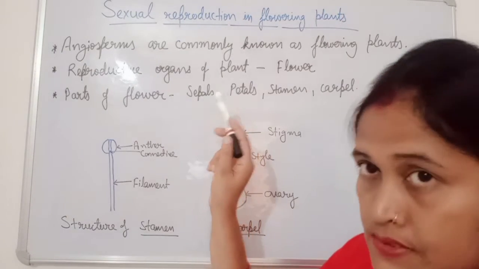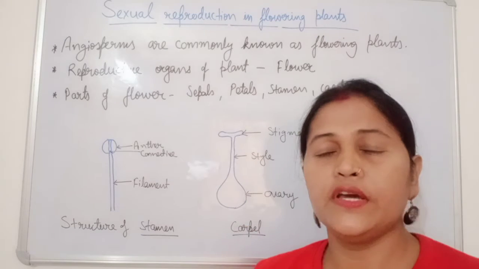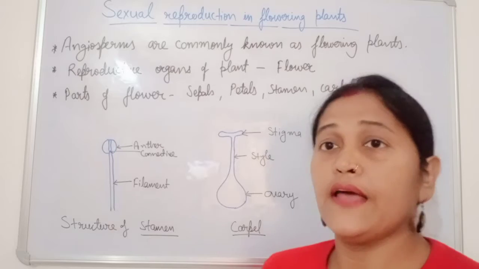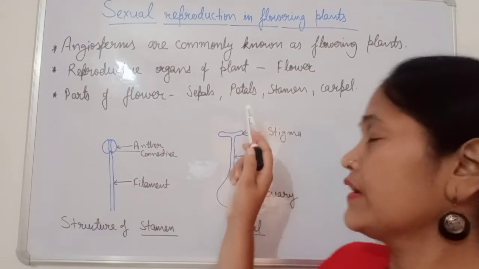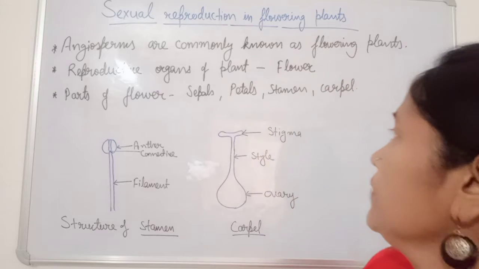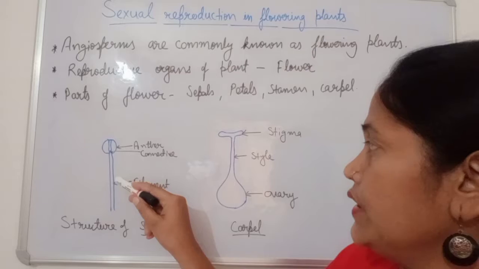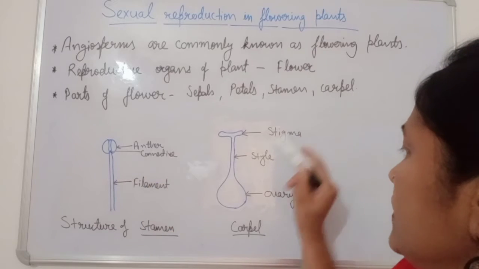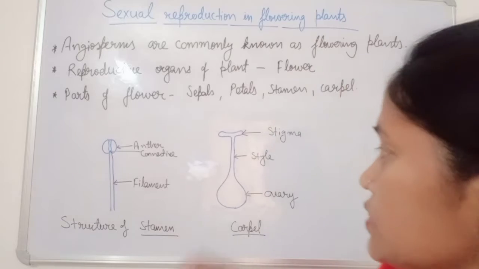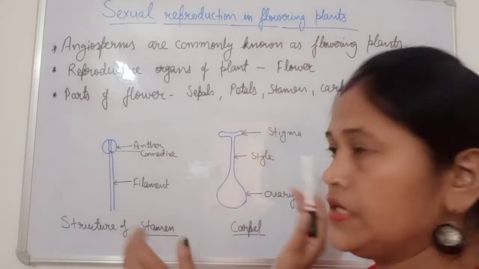Petals are of various colors, maybe yellow or red, and are very important for attracting insects and helping in pollination. The third is the stamen, the male flower part, and the fourth is the carpel, the female flower part. Now we are going to discuss these two in detailed structure.